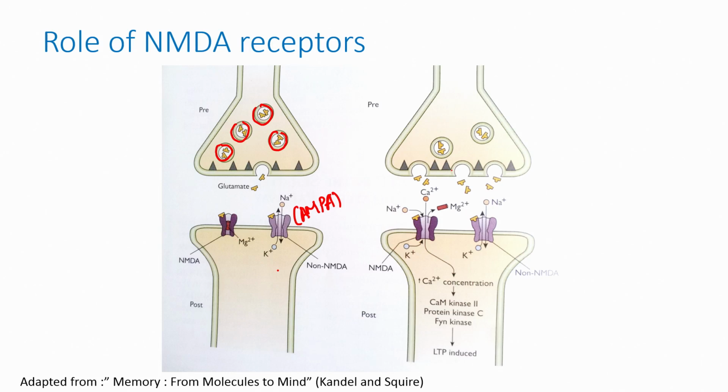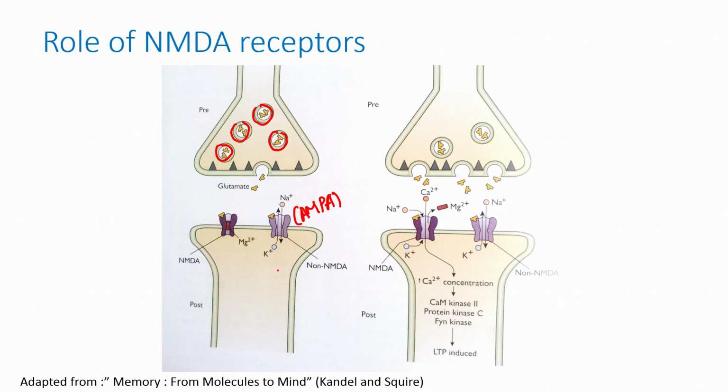when glutamate comes and binds to this receptor, and within a certain period you have electrical activity in the postsynaptic neuron, that releases this magnesium, thereby letting calcium ions flow through these NMDA channels.